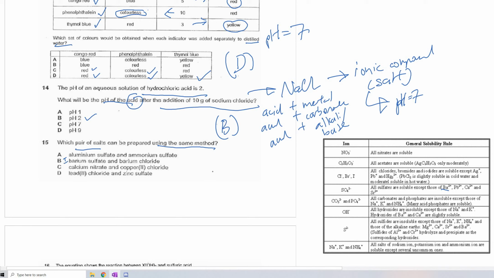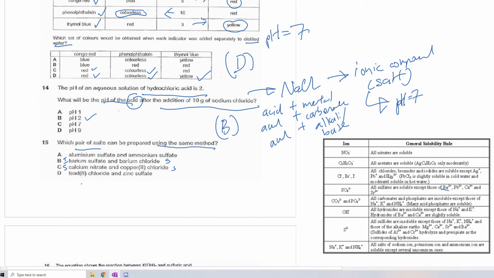Okay, barium chloride. Chloride over here. It does not say that barium is insoluble. Thus, barium chloride should be soluble. All nitrates are soluble, so calcium nitrate is soluble. Copper 2 chloride. Chloride is over here, so copper chloride is actually also soluble.